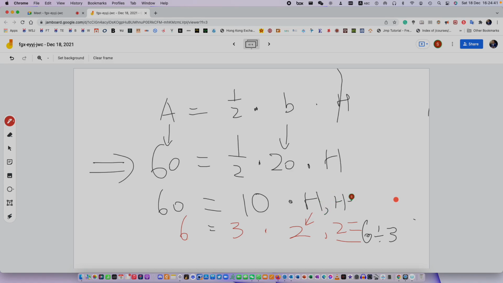Then h equal to? So h is equal to what? Alright, yes. So h is equal to? What's your answer? Okay, good. Yeah, that's how you get h equal to 6.